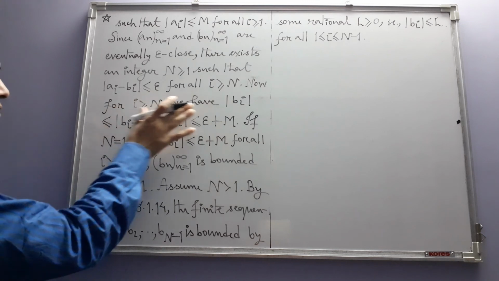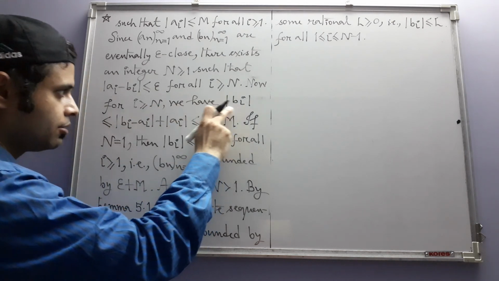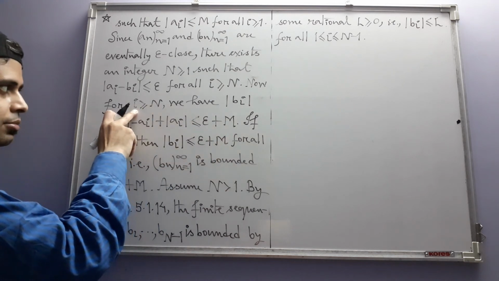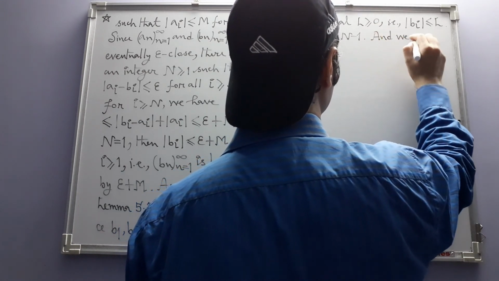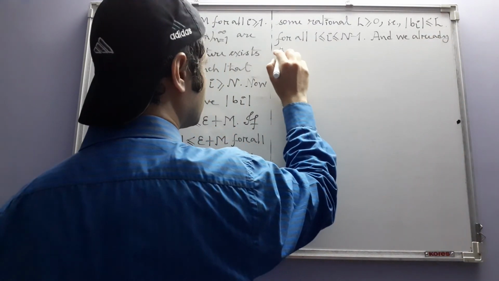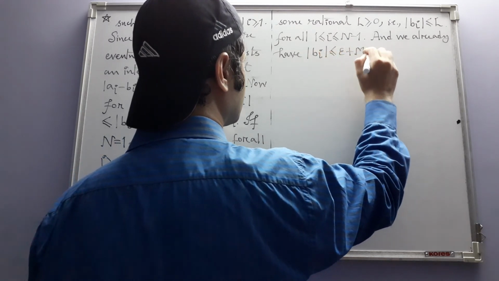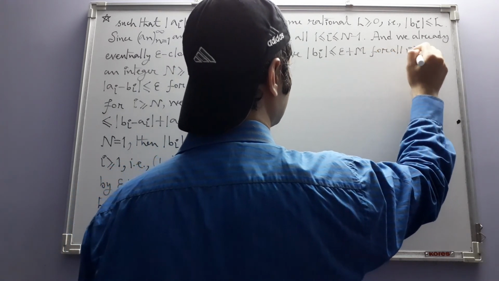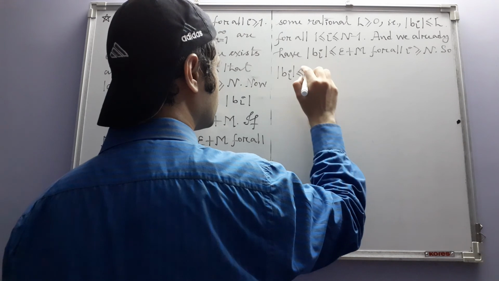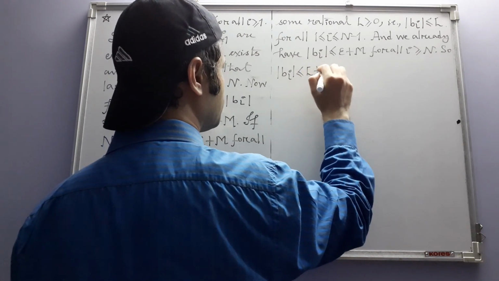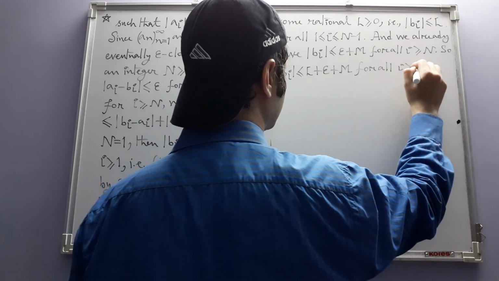And already we had this inequality true, that is absolute value of bi is less than or equal to epsilon plus m if i is greater than or equal to N. So absolute value of bi is less than or equal to L plus epsilon plus m for all i greater than or equal to 1.